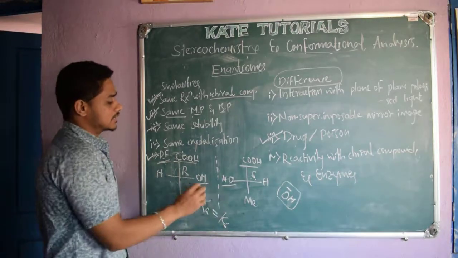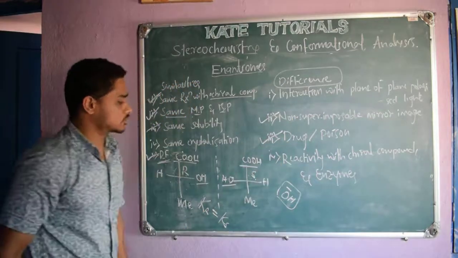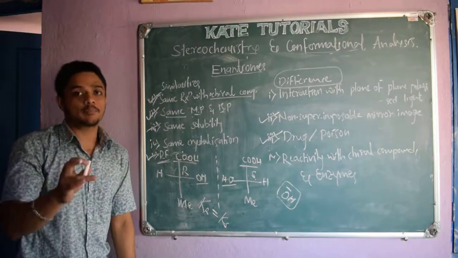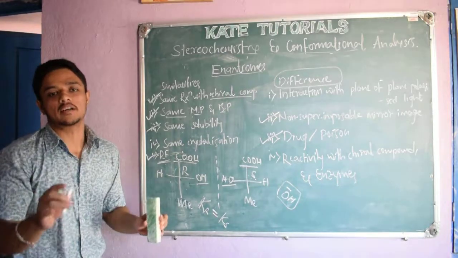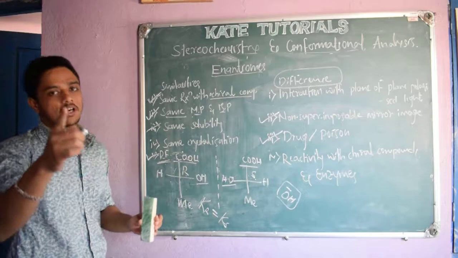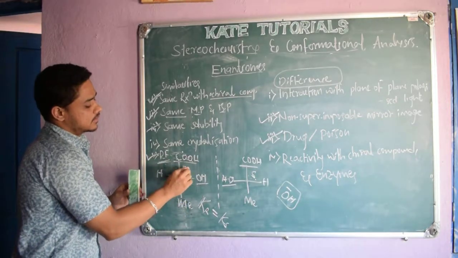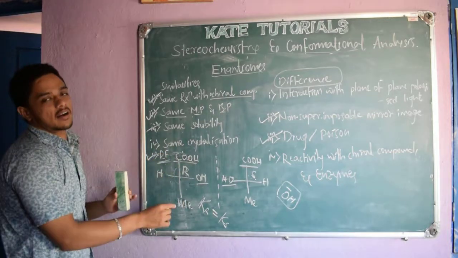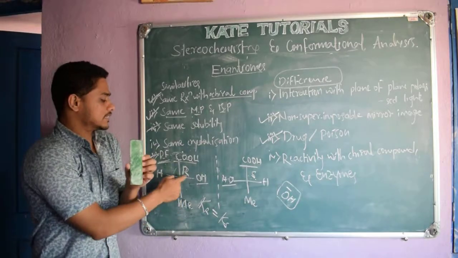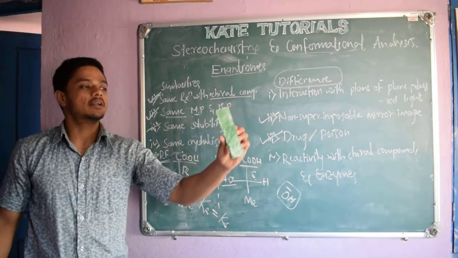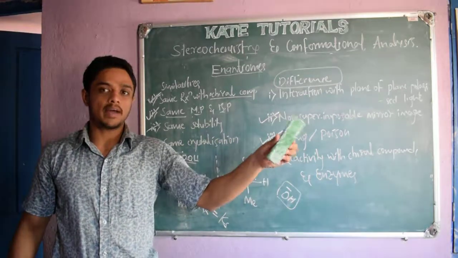And the other difference is that R and S are non-superimposable. That I have discussed. And also, if I pass plane polarized light, this also I have discussed. Let me call it by name R. This R will rotate the plane of plane polarized light to the left side, whereas S will rotate the plane polarized light to the right side.